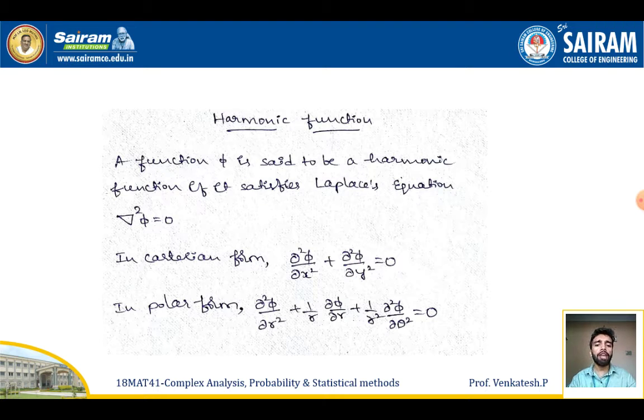In the polar form, we must satisfy the condition dou square phi by dou r square plus 1 by r dou phi by dou r plus 1 by r square dou square phi by dou theta square is equal to 0. Only then can we conclude that the function phi is harmonic in the Cartesian form as well as in the polar form.